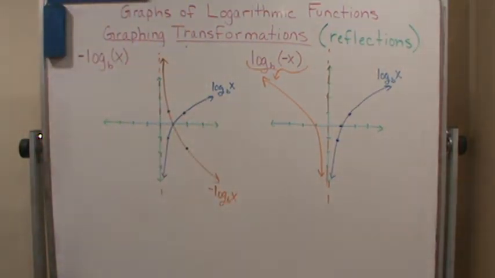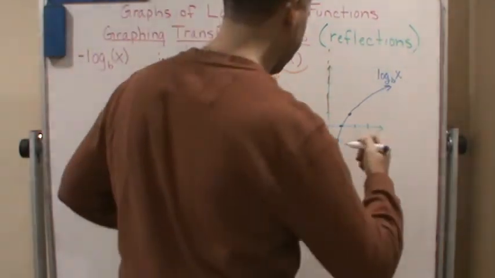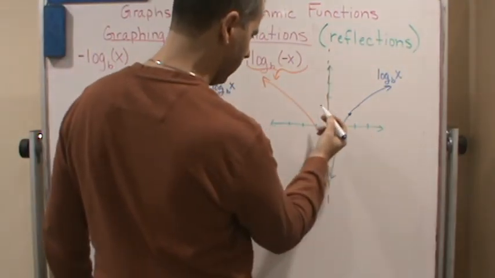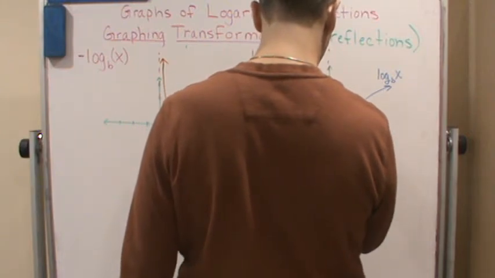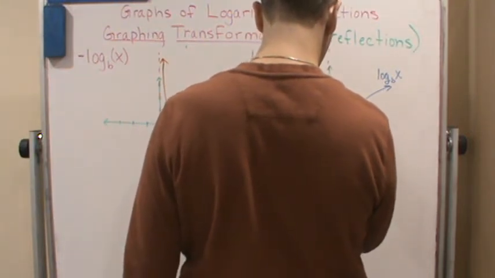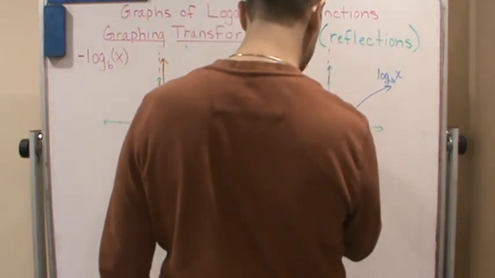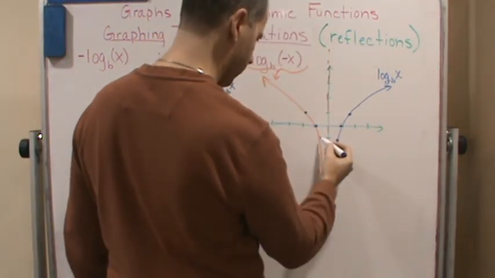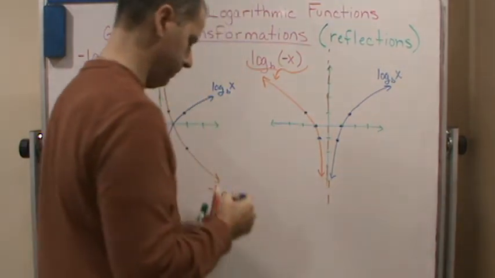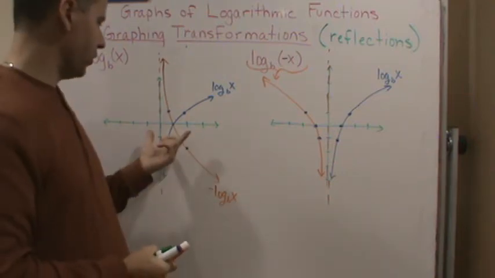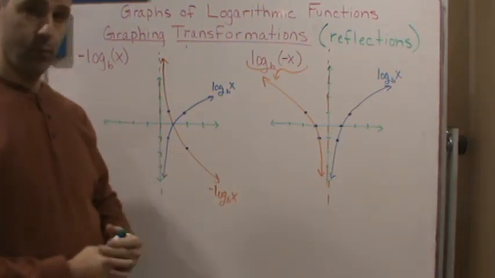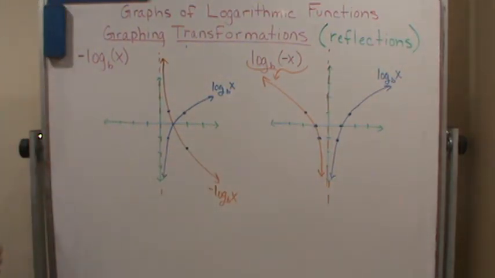Okay. So if we look at these points here, this is flipping over to here. This one's flipping over to here, and this one is flipping over to there. So again, what's happening? It's a reflection. So you've got to make sure you understand where those points are flipping to, to graph it.